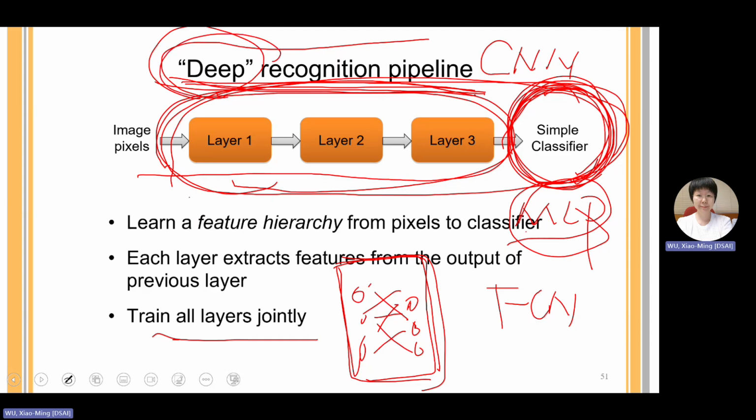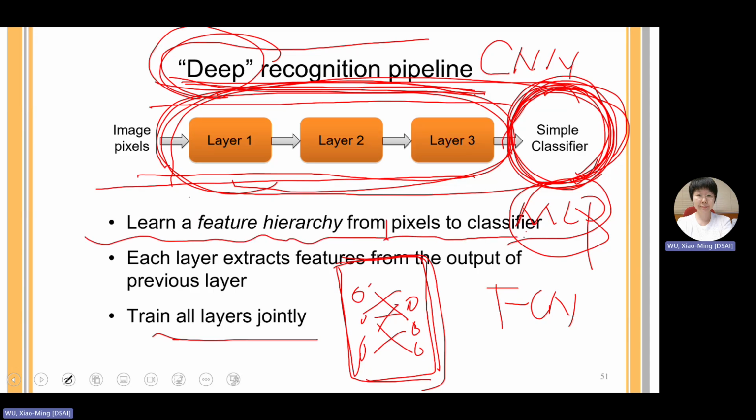Whereas in the deep recognition pipeline, we extract features using multiple layers. So we do not just learn features by one step. Instead, we learn a feature hierarchy from pixels to classifiers.